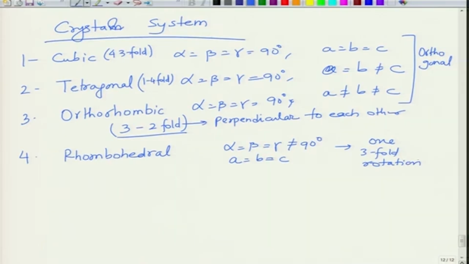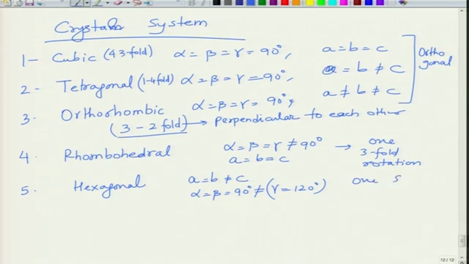Okay, 1 3-fold rotation. And then the fifth one is hexagonal. Hexagonal is basically A is equal to B is not equal to C, and alpha is equal to beta is equal to 90 degrees is not equal to gamma, which is equal to 120 degrees. And for this we must have 1 6-fold rotation.